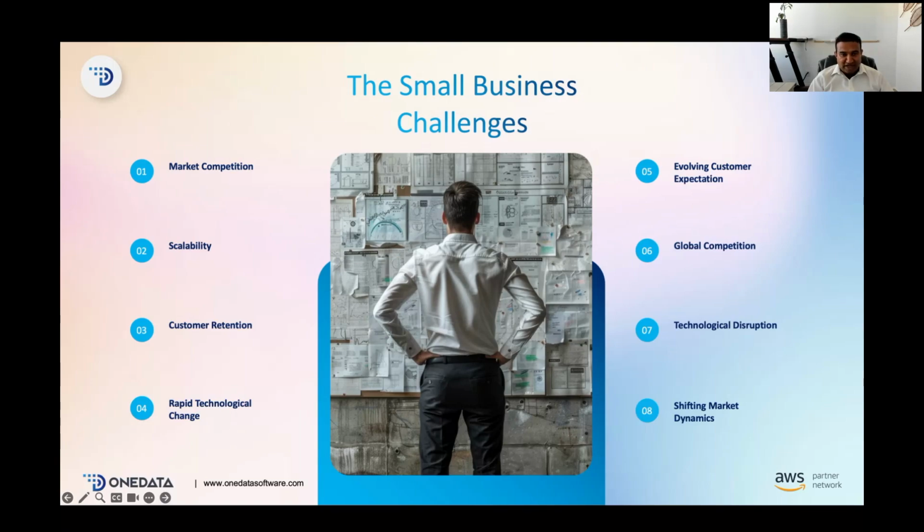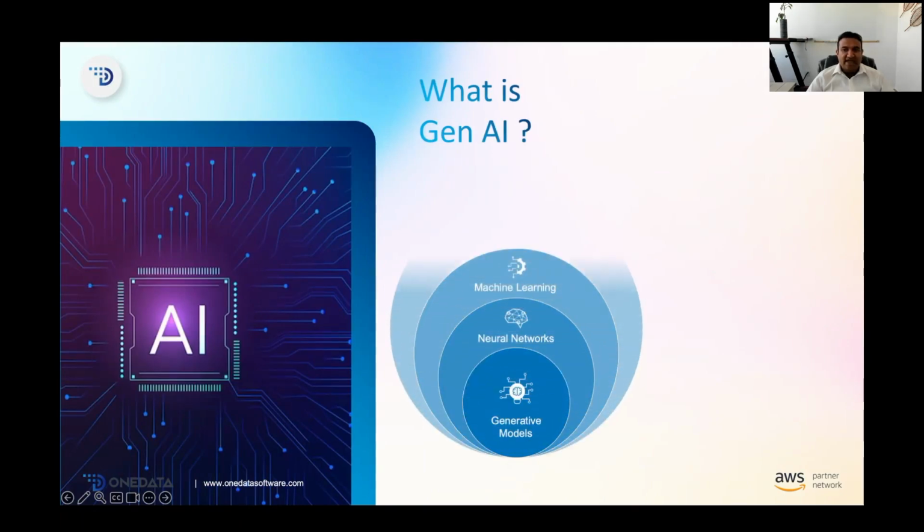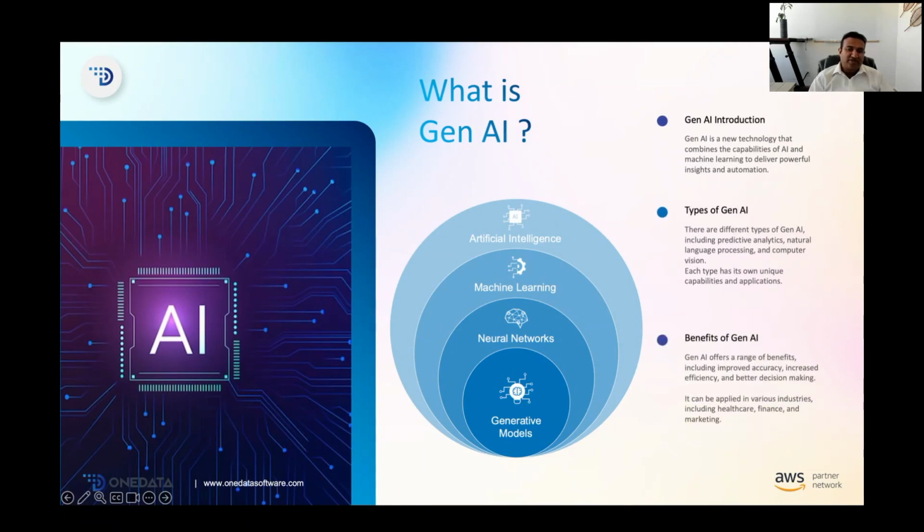How is Gen AI, generative AI, in terms of AI, going to help you overcome some of those challenges? So we see what is AI. In simple terms, AI is a technology, right, that enables machines or software to think, learn, and perform human-like tasks, right?